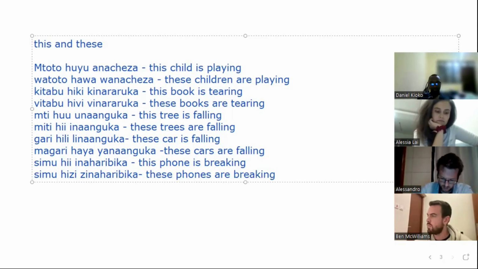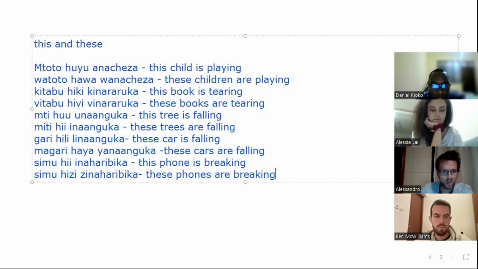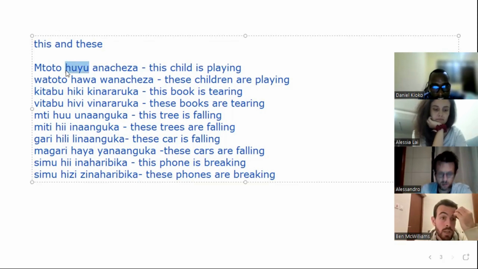I'll just write these examples for today, just to show you an example of how we can conjugate noun classes. Don't worry about the these and this. We'll make a list for that in the next class. But at least you can see that.